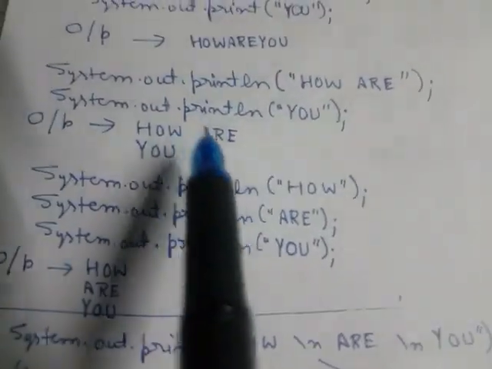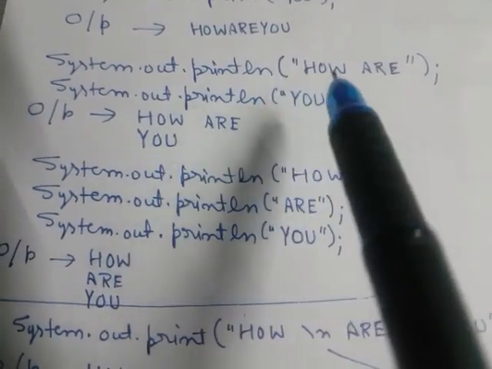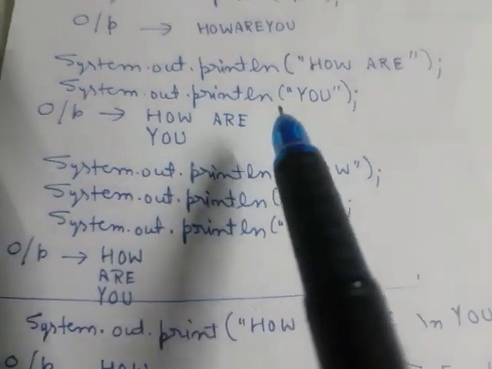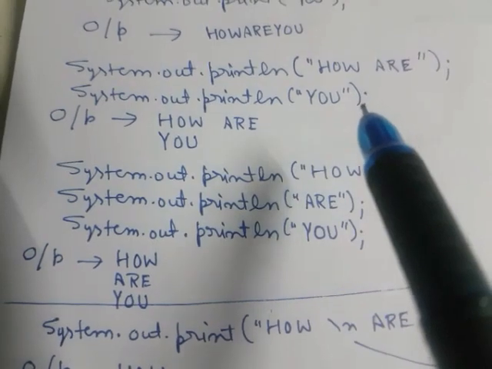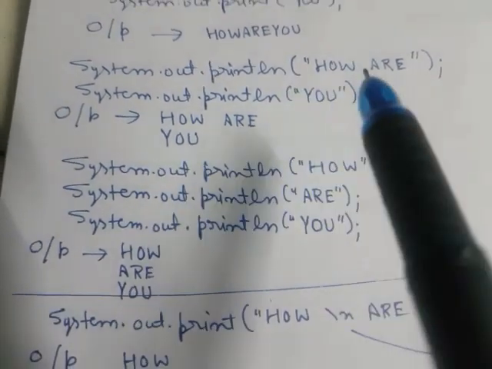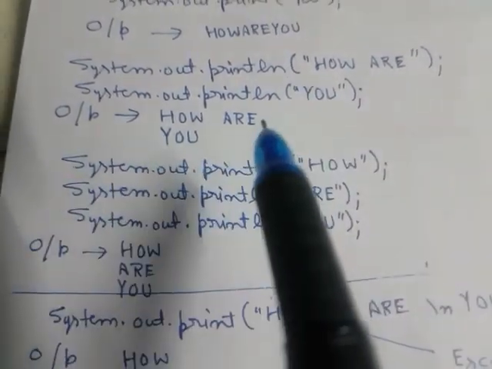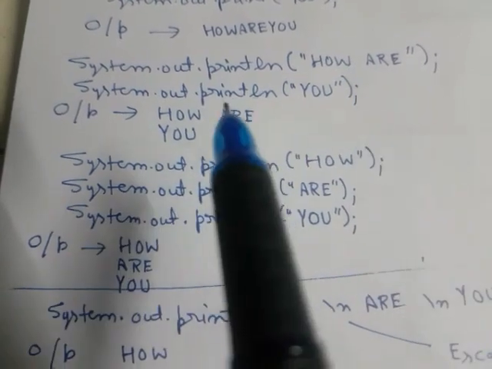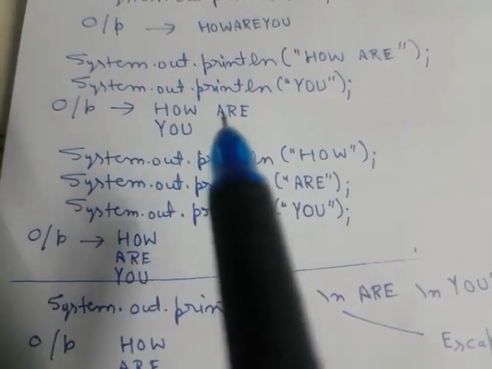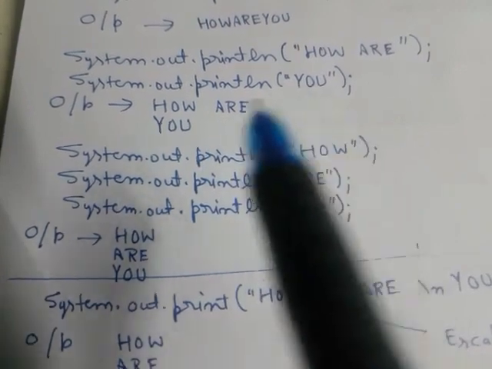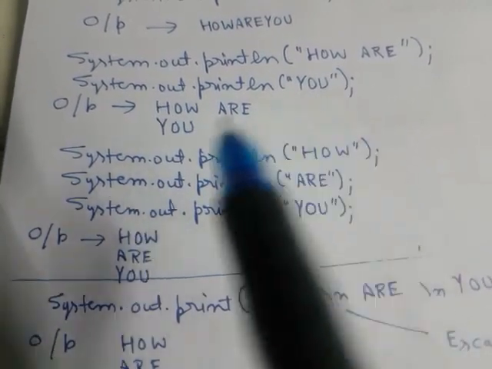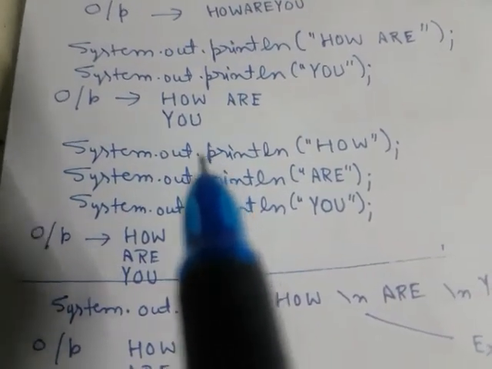Now System.out.println "how" in double quotes, and then System.out.println "r", and then "u". You can see the output, that "how" appears in the first line, and due to the new line effect, the second print statement's "r" appears in the next line.